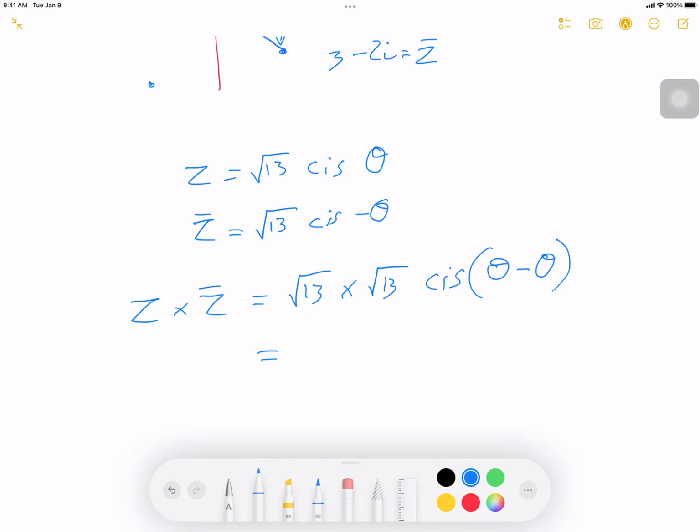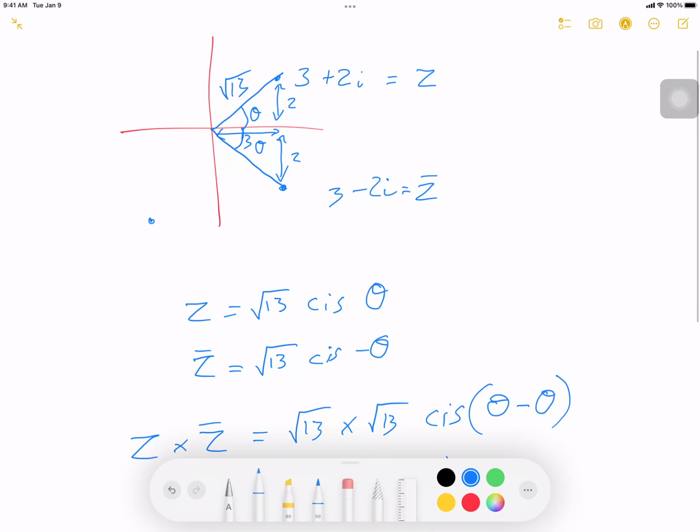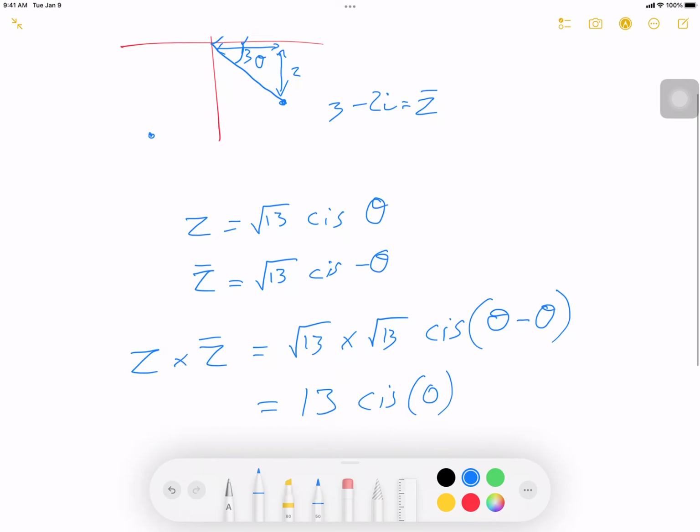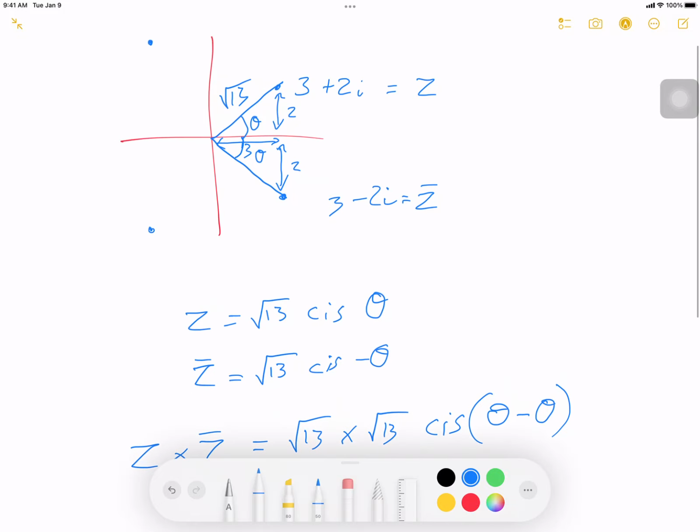So the square root of 13 times the square root of 13 is going to be 13, and we've got cis of, that's always going to be 0, isn't it? Because those are always going to be the same angle, they're always going to have opposite signs, and so when we add them, we're going to get 0. That means that whatever those two complex numbers are, could be that we might be doing this one back here, right?